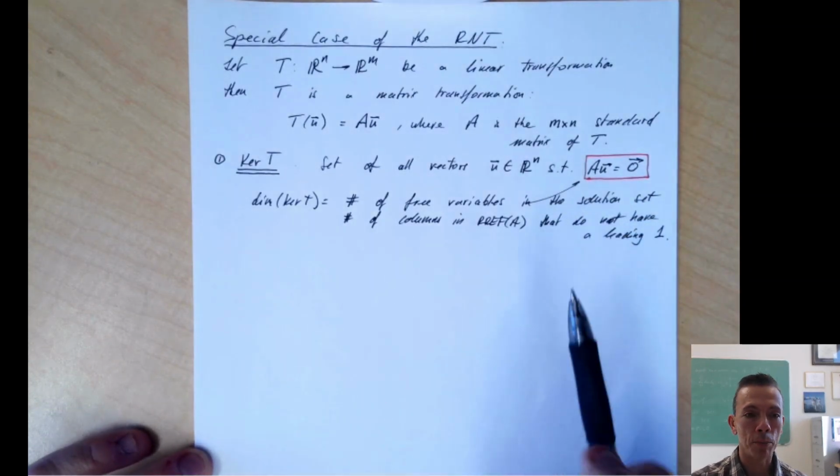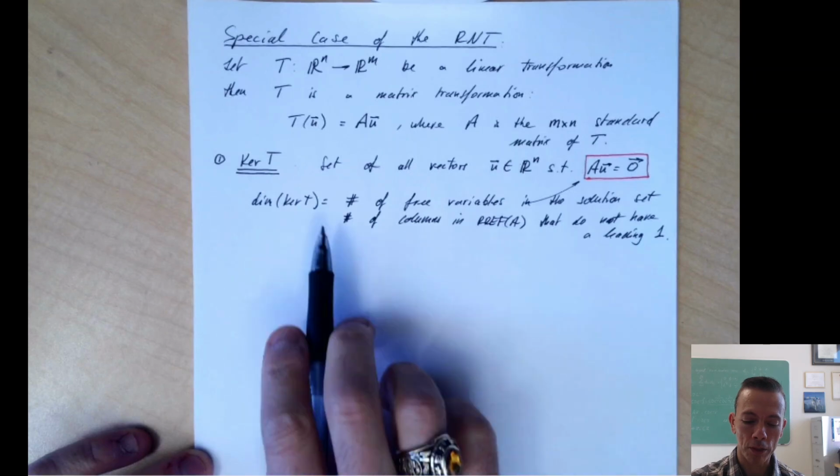Those are precisely the variables that end up being free variables when you write the solution set.